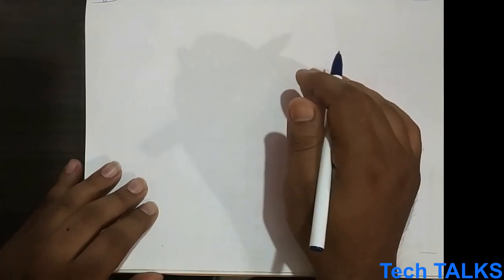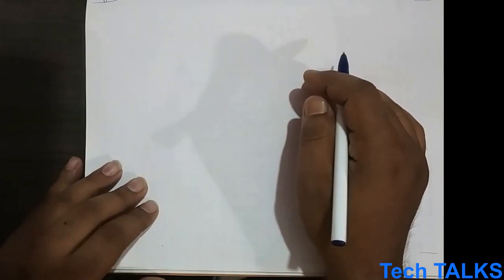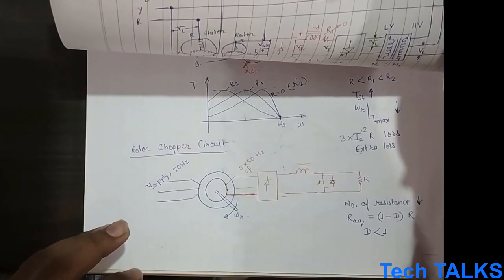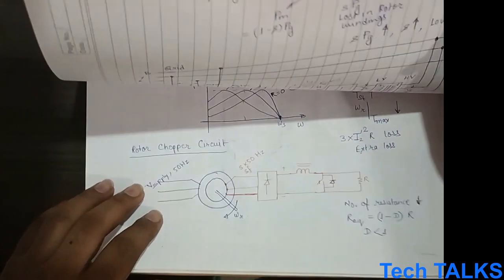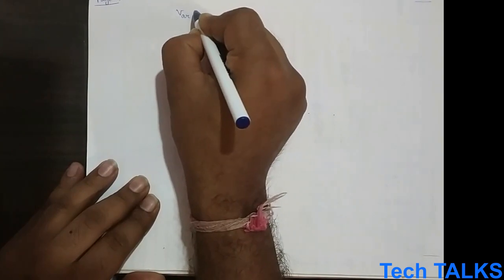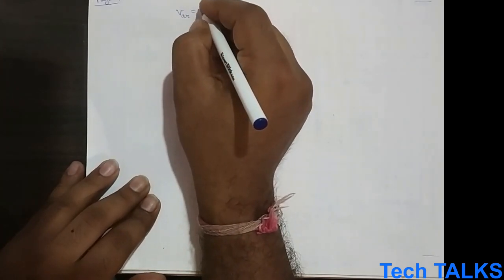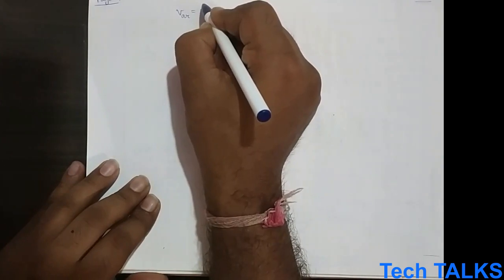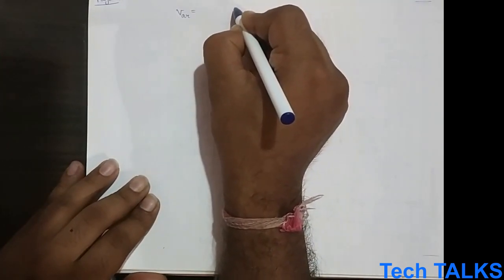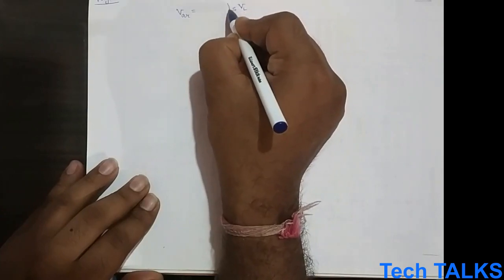When we talk of this VRR, the voltage across the rotor line to line, this is actually equal to the slip times the voltage of the stator part, multiplied by some ratio.